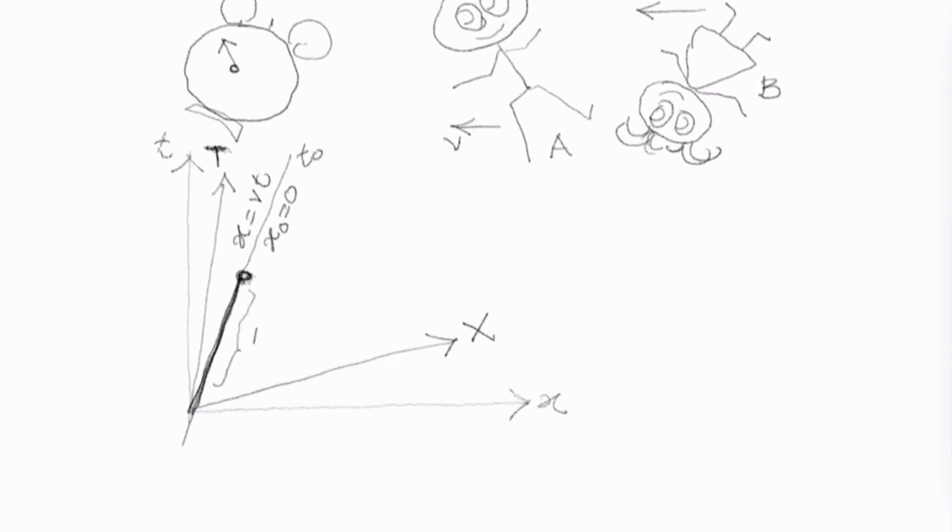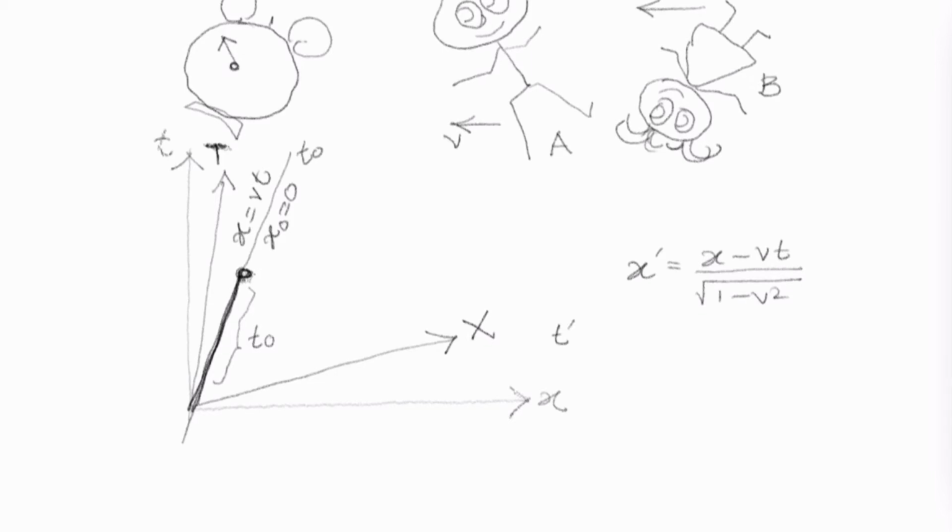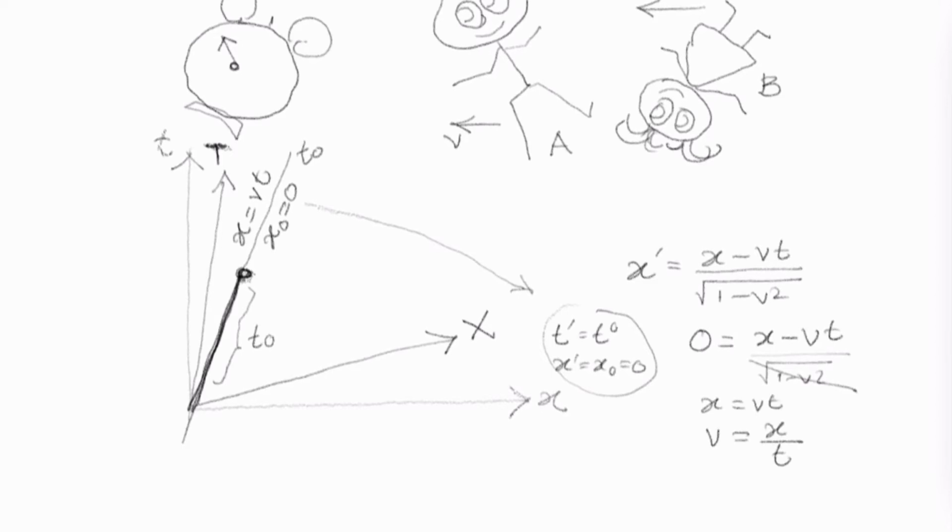If this time interval is t naught, then by Lorentz transformations, x bar equals x minus vt over square root of 1 minus v squared. T bar is t naught and x naught is 0 along this line. So 0 equals x minus vt, so v is x over t.